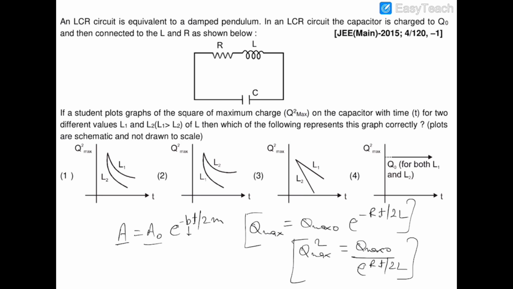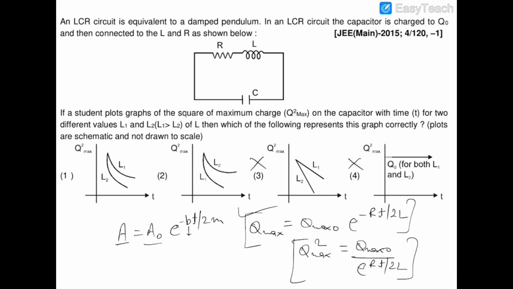First of all, this graph is the exponential decay graph. So option number 3 and option number 4 are not possible, because option number 3 has a straight line decay and option number 4 is a constant graph. So the possible answer would be from 1 and 2.